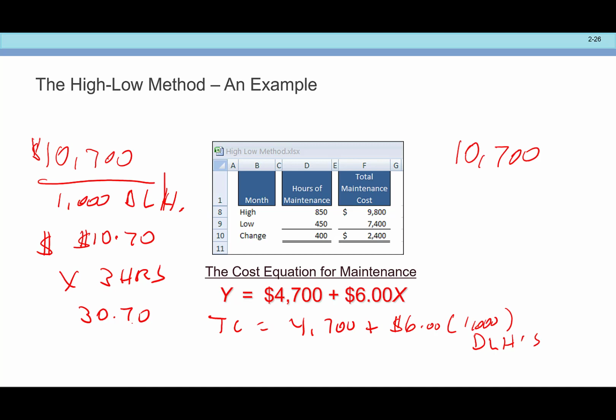But from an accounting standpoint, who cares? Because at the end of the period, if we've allocated too much or too little, we just adjust it.